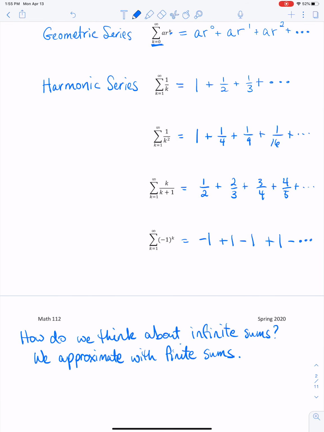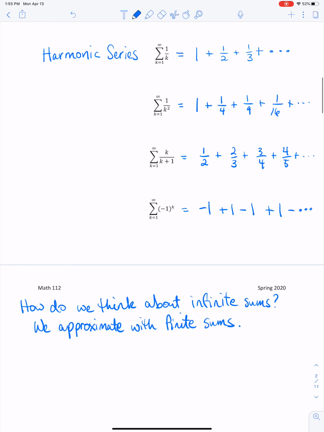Okay, and so if you recall, with a geometric series, we considered the sum of the first n terms, and then we were able to compute it. So let me go ahead and just write it down here.